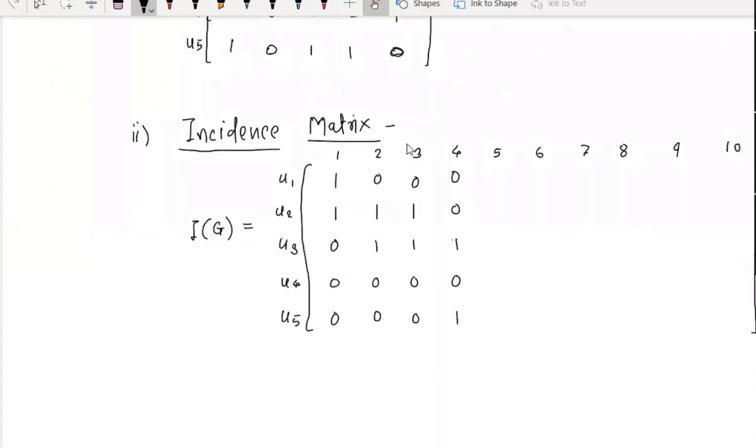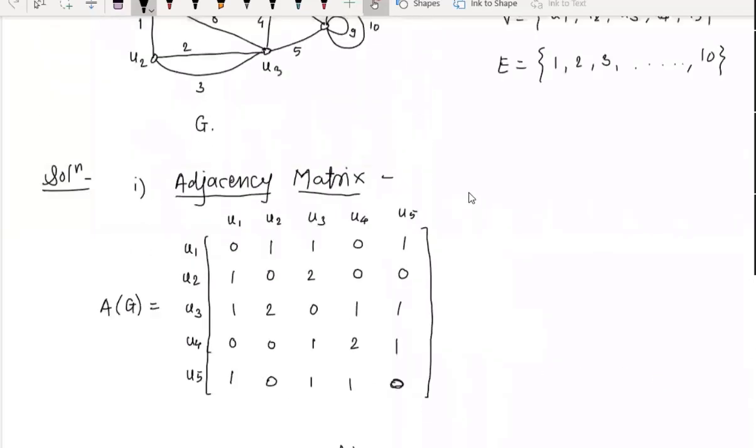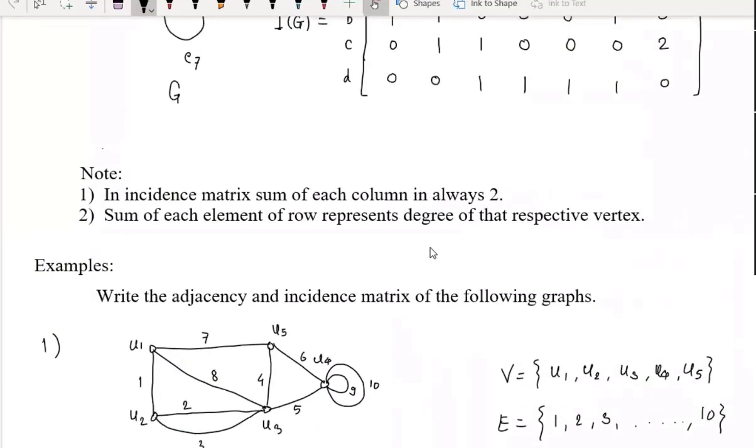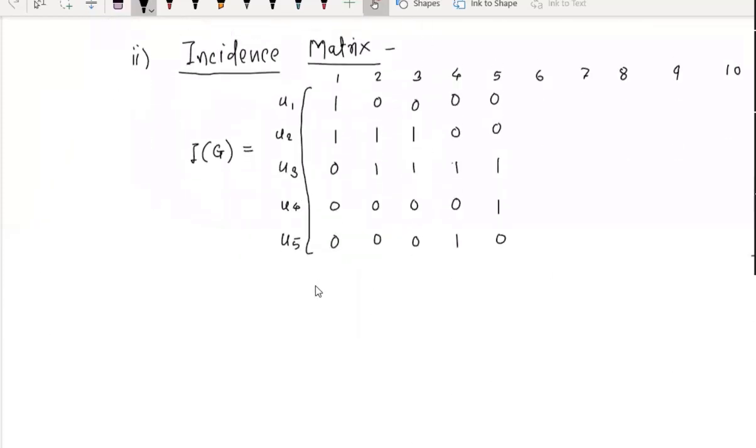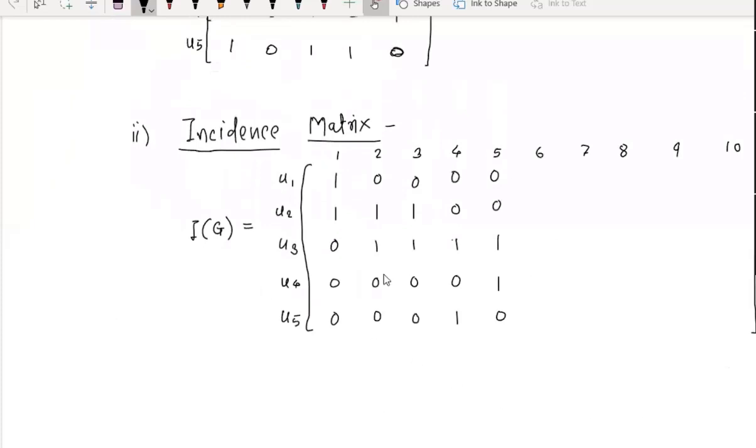U3 and U4 के बीच में, and the rest of the entries are 0, right? Then E6 is between U4 and U5, and the remaining entries are 0.